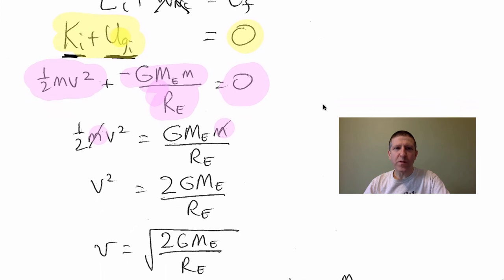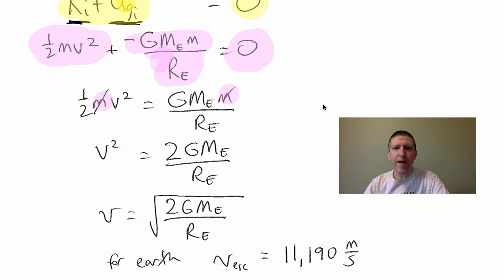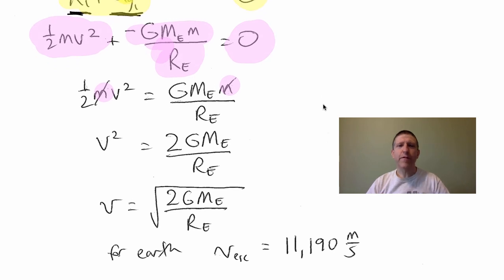So all we do is we solve for v right there, and you will find that when you do this for Earth, notice it doesn't depend on the mass of the object. It does depend on the mass of the Earth and the radius of the Earth, but to get anything the heck out of here so it never comes back, all you need to do is throw it at 11,190 meters per second. This does assume no friction, but if you throw it that fast, it ain't never coming back.